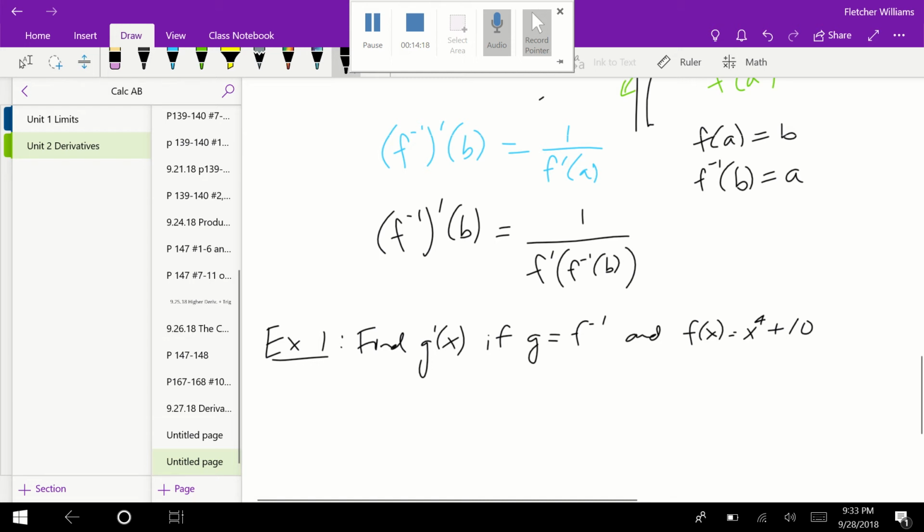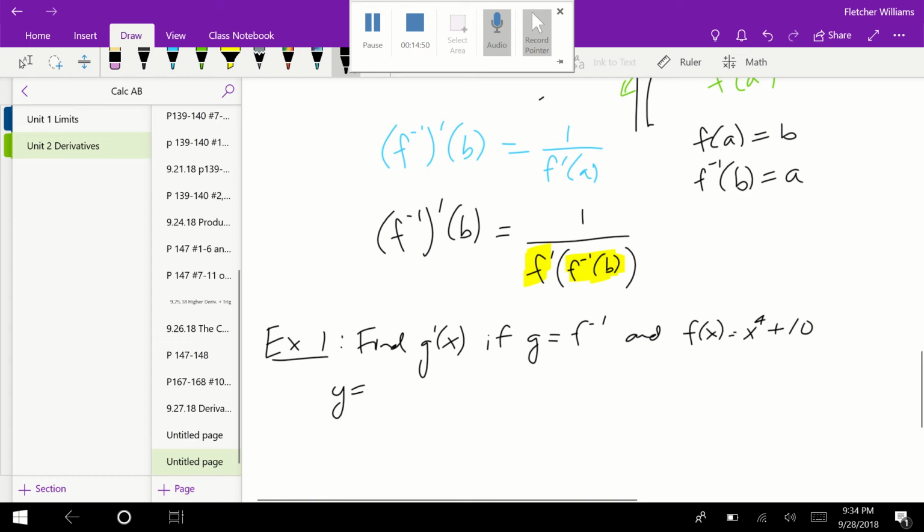Well, now think about it. You want to find g prime of x. That means, based on a thing that we proved, you're going to need to find, well, what is g of x, or f inverse of x, and then what is f prime, and then what is f prime of g of x.